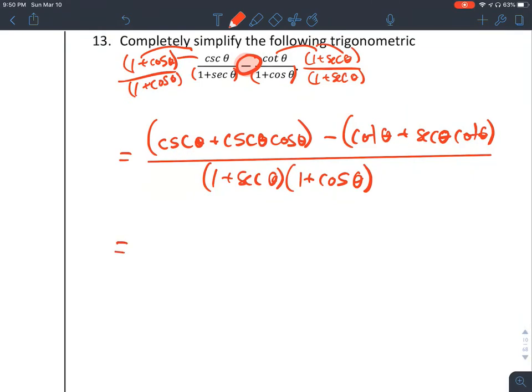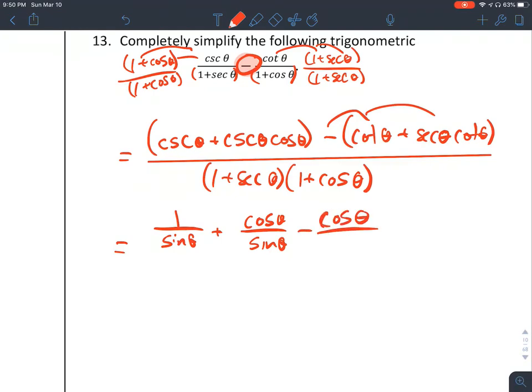My numerator, I'm going to change things in terms of sine and cosine. So I'm going to have 1 over sine of theta plus cosine of theta over sine of theta, distributing this, minus cosine of theta over sine of theta. Hey, it looks like we're going to have common denominators.